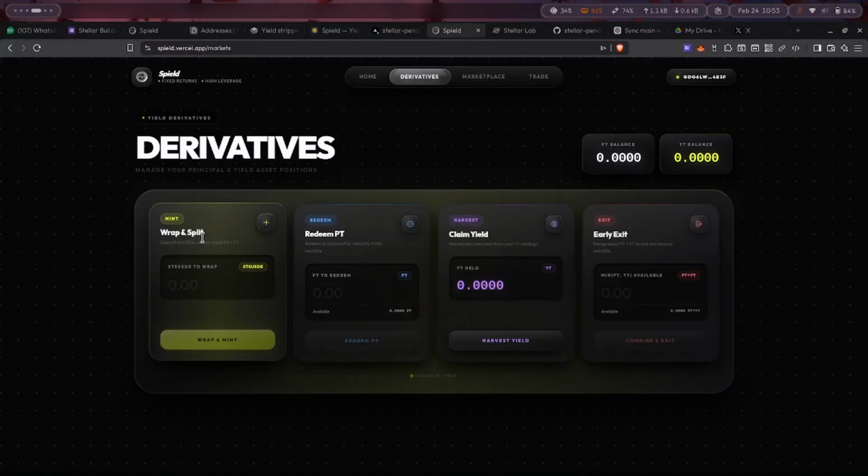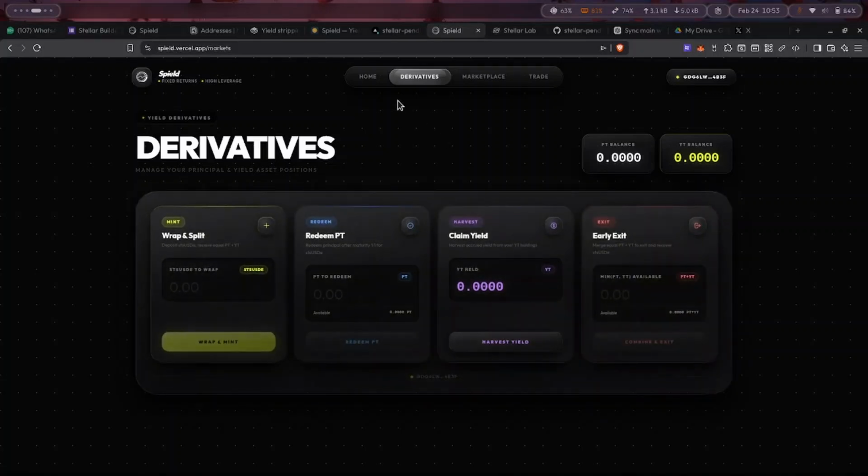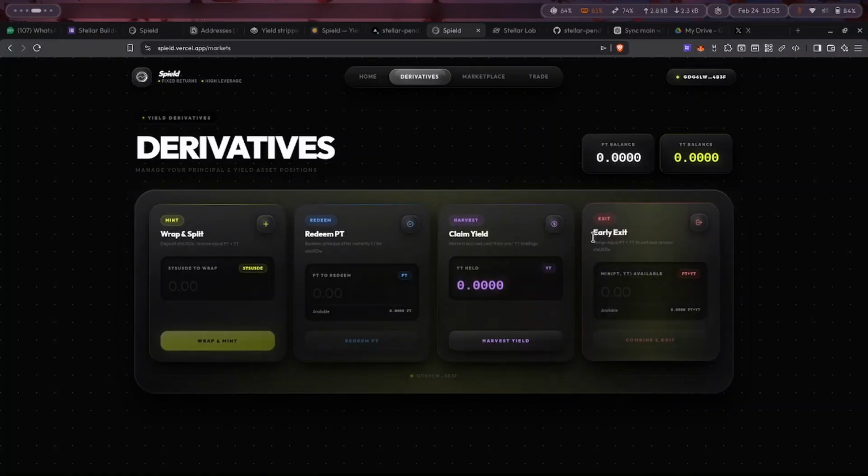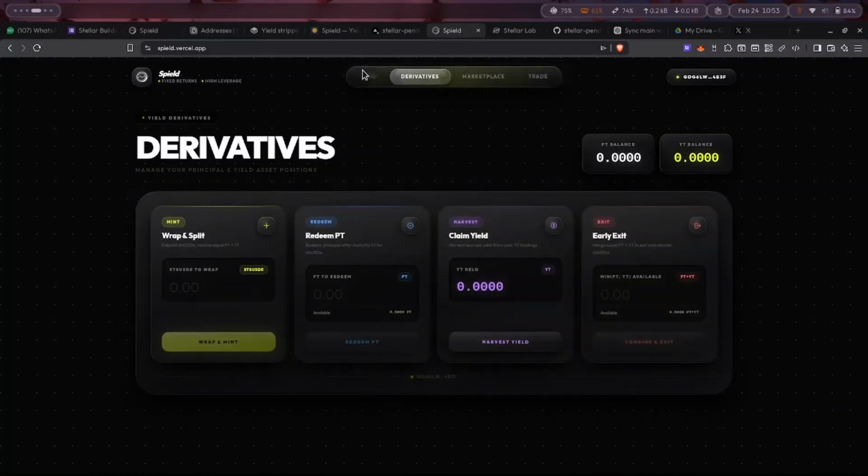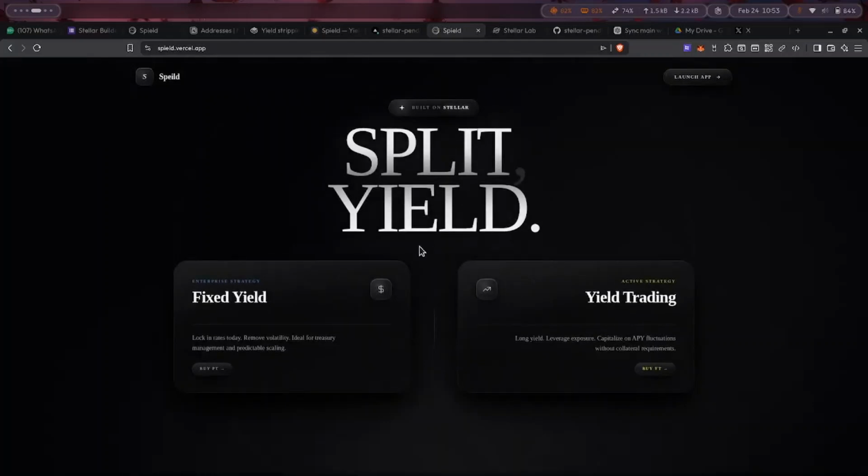The early exit obviously is just for demonstration purpose that we have kept here, but yes, overall this is our project Spield, a yield stripping platform where enterprises get the opportunity to get fixed returns on the USDC and XLM and other tokens in the Stellar network. At the same time, people who wanted leverage on Stellar get that opportunity directly natively in the Stellar ecosystem. So yes, this is Spield for everyone.